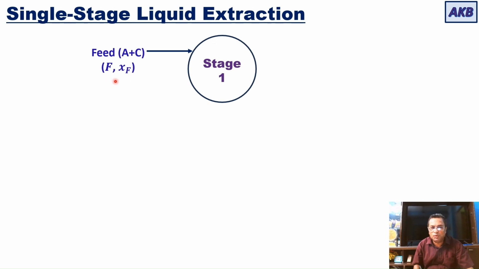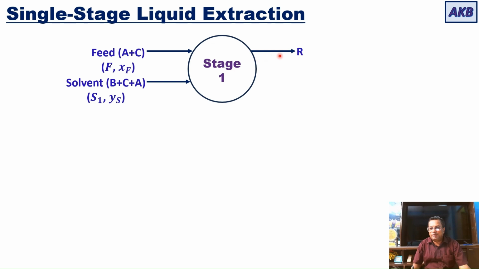I will shortly tell you what those are. Then this is contacted with solvent. Here I am using a recovered solvent which will contain all three components, majorly B, a little amount of C, and a little amount of A. This solvent phase will be identified by two parameters, S1 and YS. I'll tell you what those are.